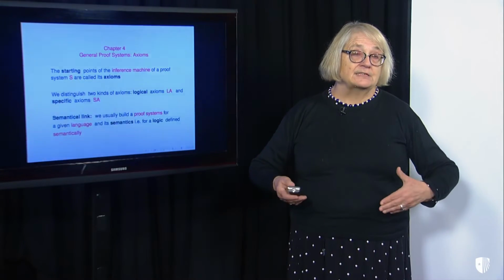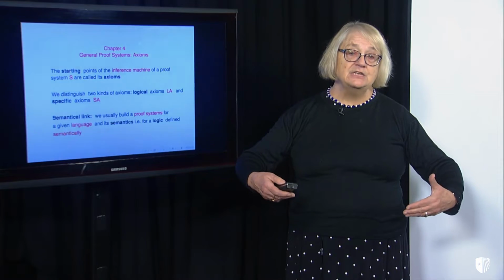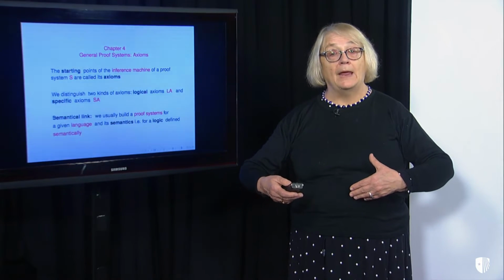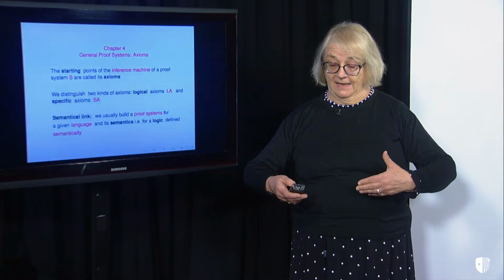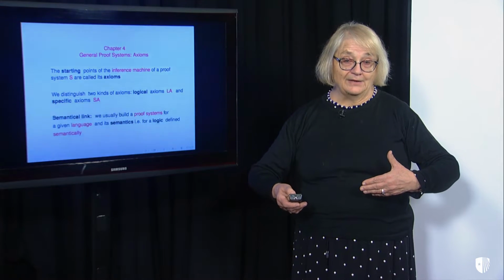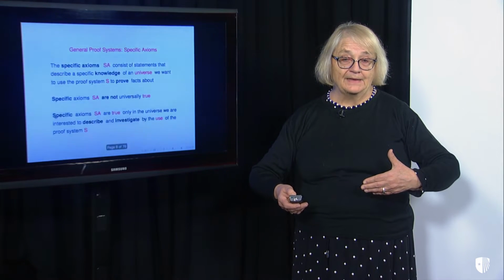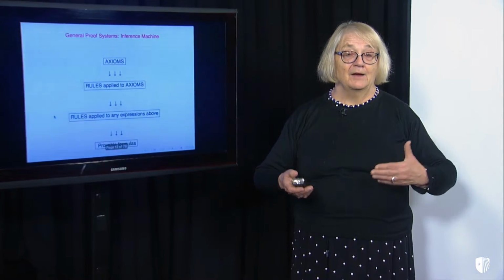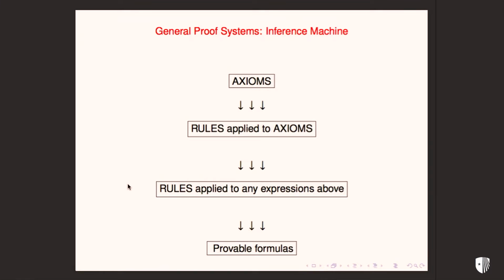As they are like inference machines, I'll show you the picture. We start with axioms, then we apply to the axioms rules of inference, and then we apply rules again.